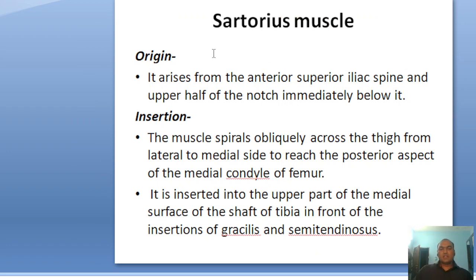Another muscle is sartorius. A long, ribbon-shaped muscle is called the sartorius muscle. It arises from the anterior superior iliac spine, part of the iliac bone, the iliac part of the hip bone, and the upper half of the notch immediately below it. So this is the origin of sartorius.